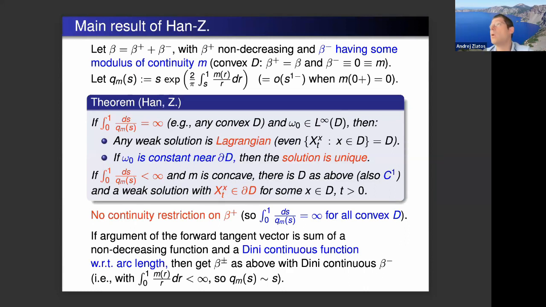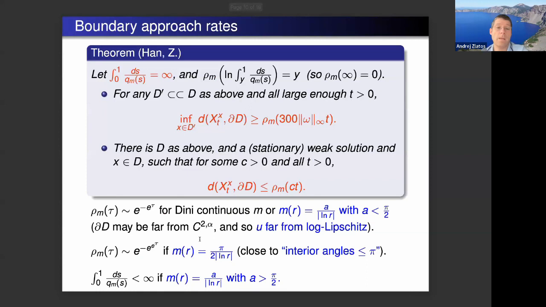Okay, so let me also tell you about the approach rates to the boundary in the case when the particle trajectories do not reach the boundary in finite time. And maybe I will skip it. We have an exact function.